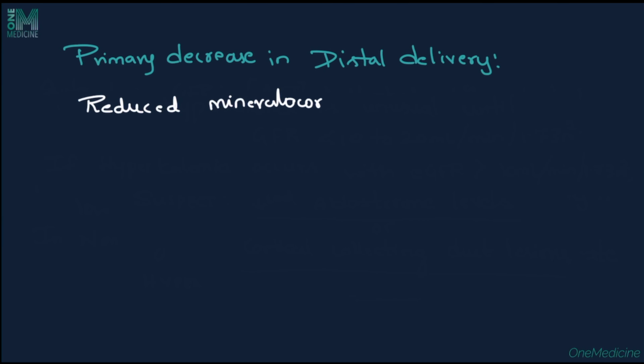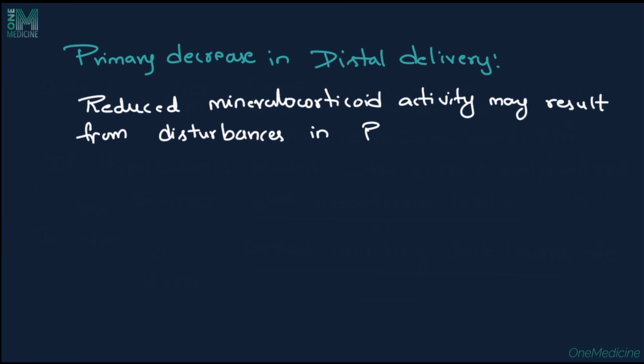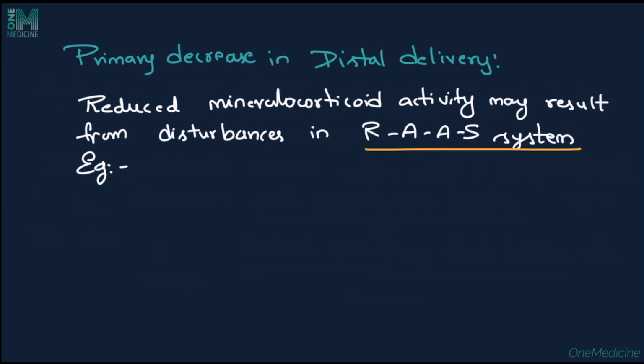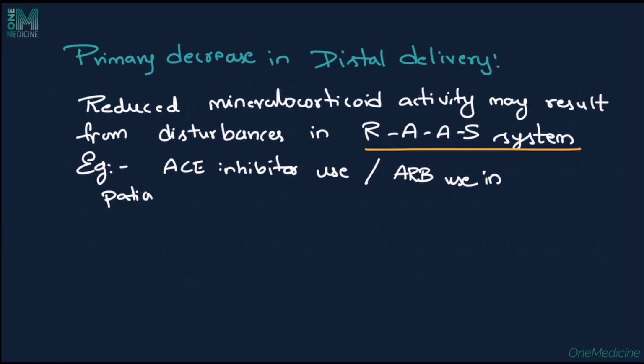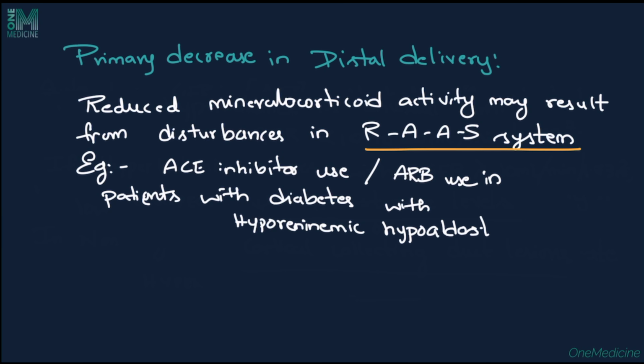Decreased mineralocorticoid activity can result from disturbances that originate at any point along the renin-angiotensin-aldosterone system. One common example is the use of angiotensin converting enzyme or ACE inhibitors or angiotensin receptor blockers in patients with diabetes with hyporeninemic hypoaldosteronism.